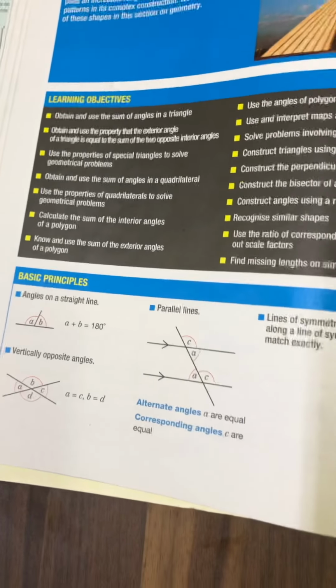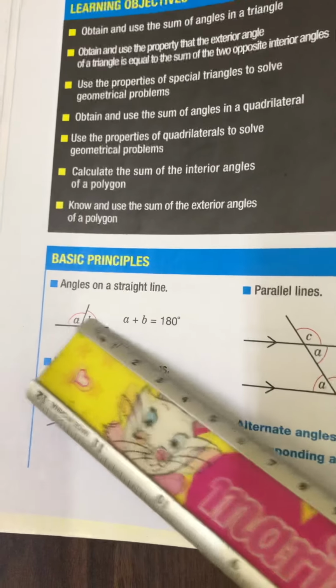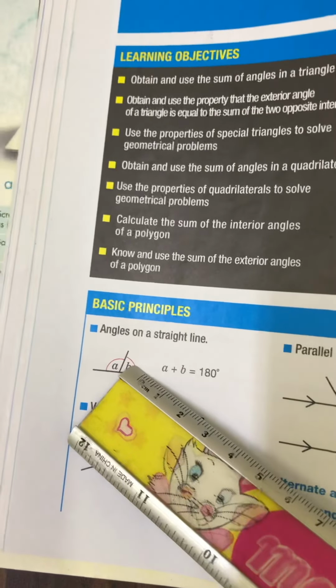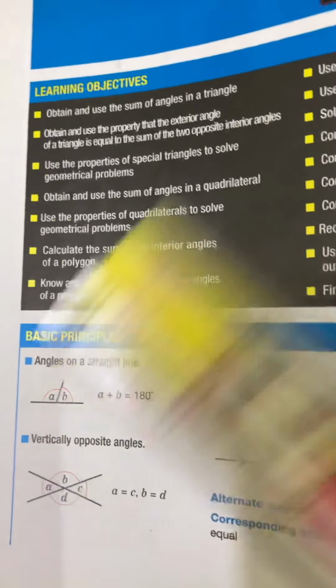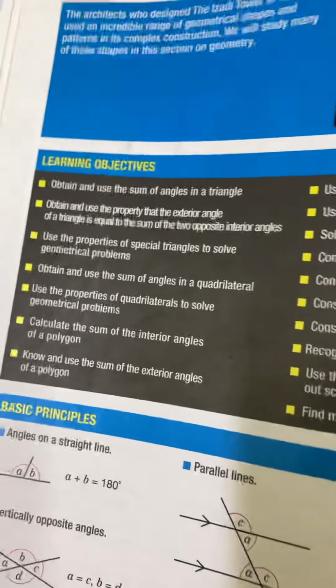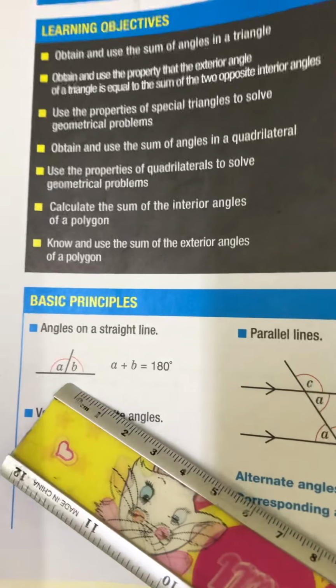It's important to know these basic principles. If you have a straight line and two neighbor angles, these two neighbor angles equal 180. That's to say they are supplementary angles. If you have just two angles, the sum will be 180.